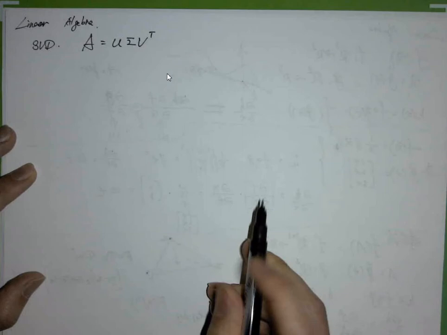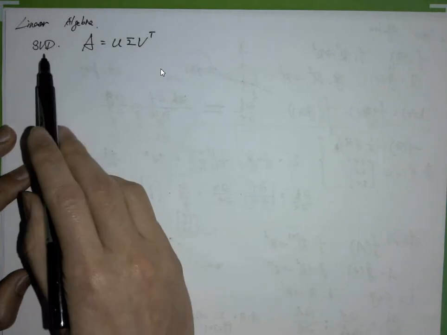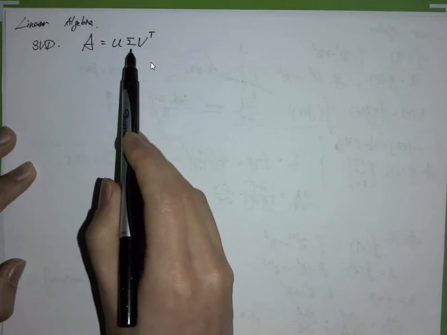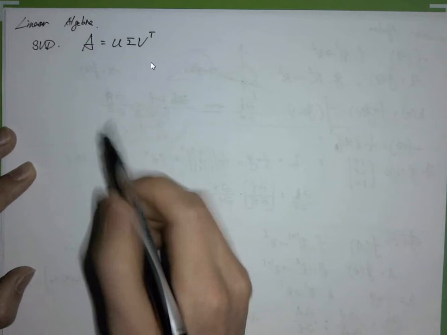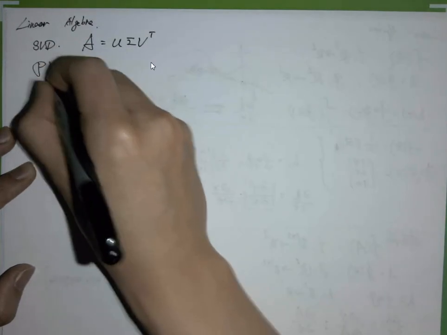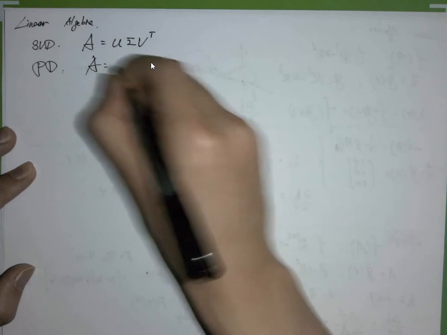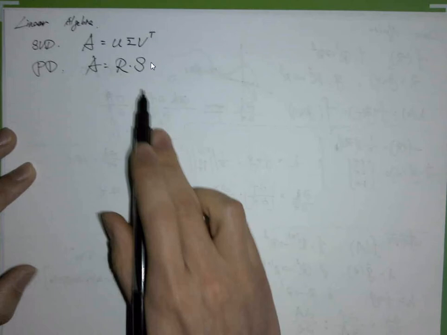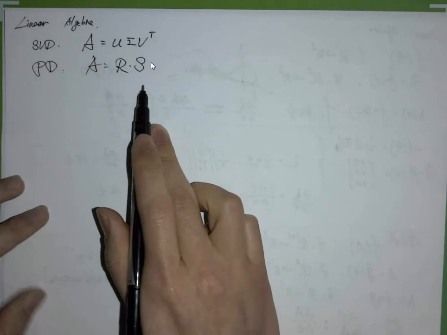It's a special type of singular value decomposition in graphics. Both U and V are rotation matrices, and the sigma is allowed to be negative on this last element. And I mentioned something like polar decomposition, which is A equals to R multiplied by S, where R is a rotation matrix and S is a symmetric matrix.